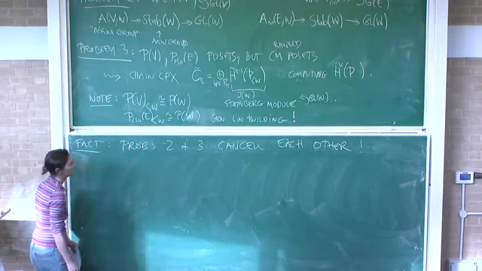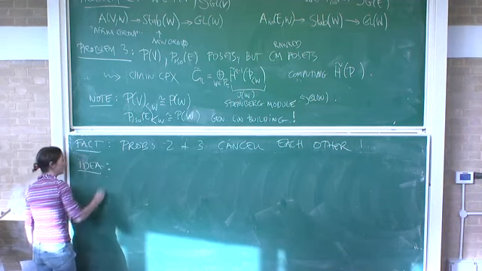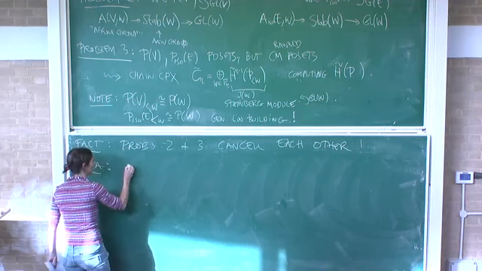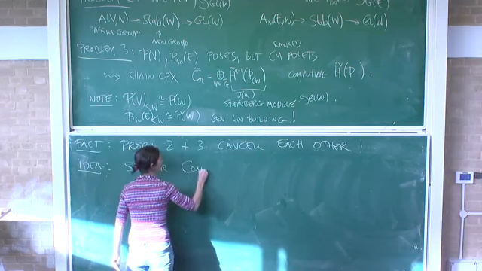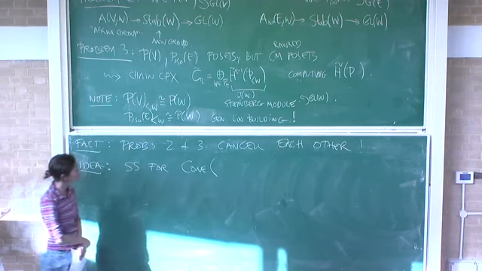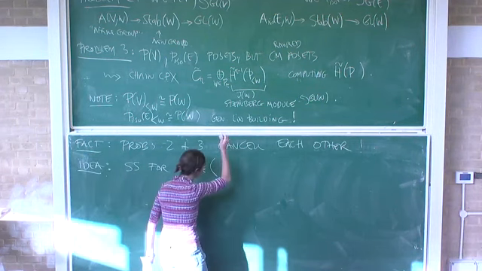So remember, what's the idea? Remember, we do the spectral sequence for the cone. We do this relative version of the spectral sequence for the cone, and we do the same thing, right?